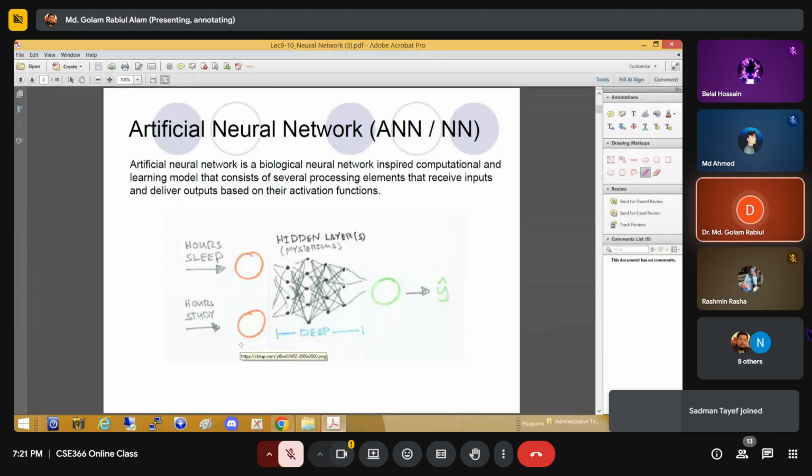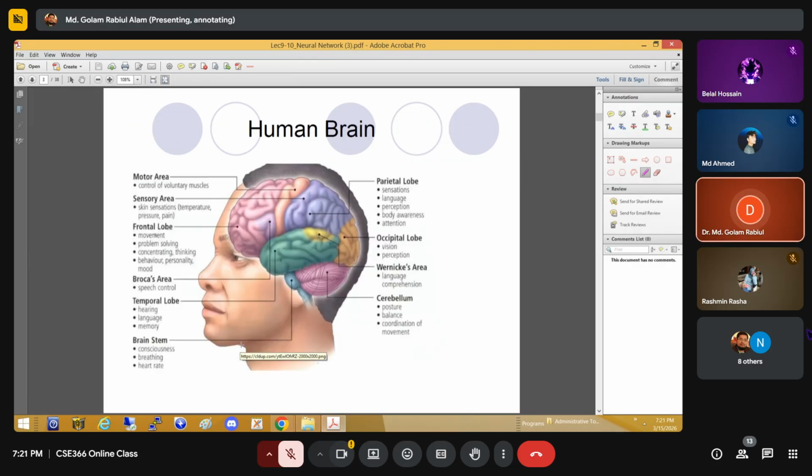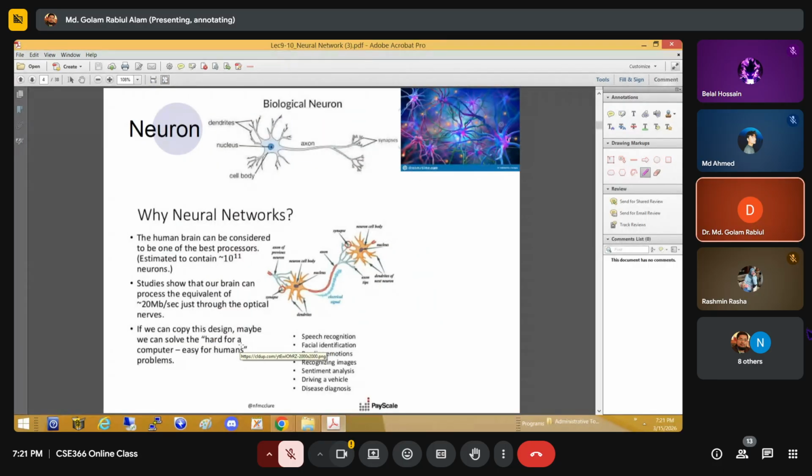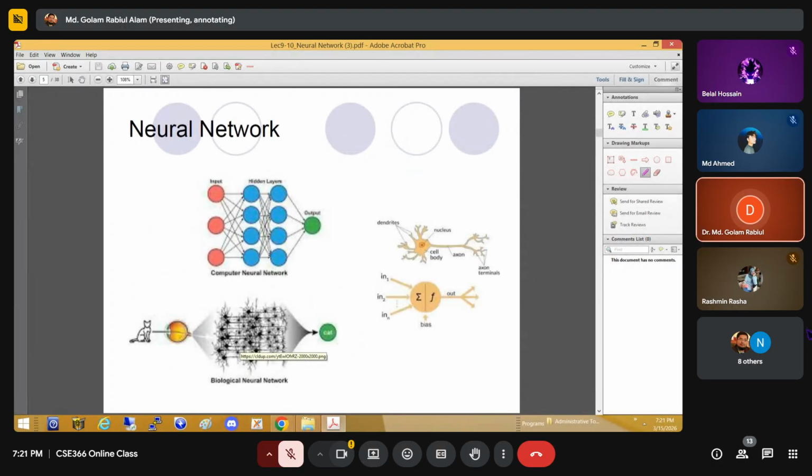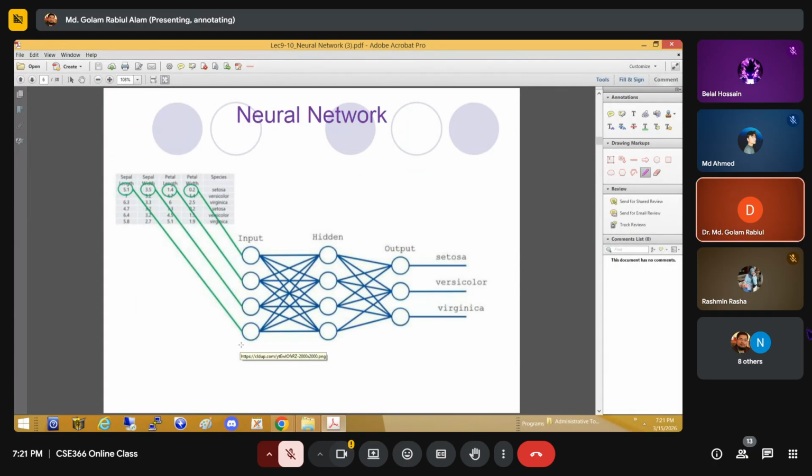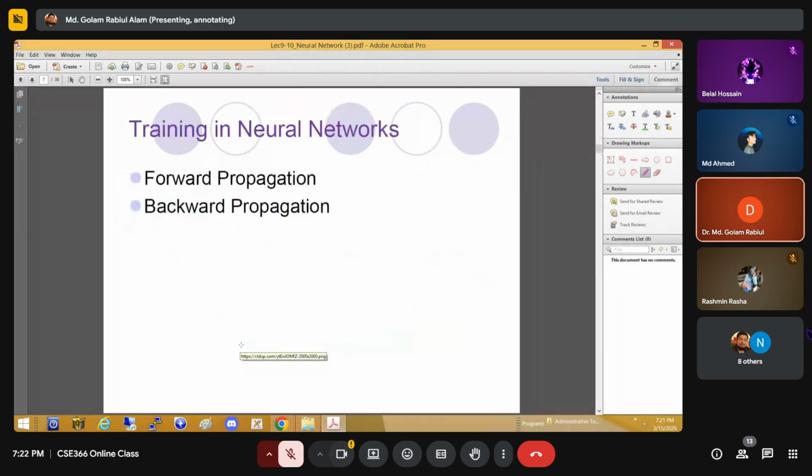That is, how many layers we have to add, how many neurons we have to add in our input layer and in the output layer, and how to design the hidden layer. Those things we have already discussed. And then the functions of neurons and the analogy between our biological neural network and artificial neural network.